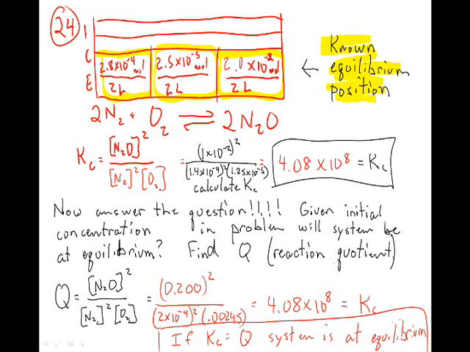So from that, you use the equilibrium expression and you substitute in your values so that you calculate Kc, the equilibrium constant, and this equilibrium constant comes up to be 4.08 times 10 to the 8. Once again, some of you are going to be in trouble if you don't practice calculating that and make sure you can get that. Now, that's not the answer to the question, is it?